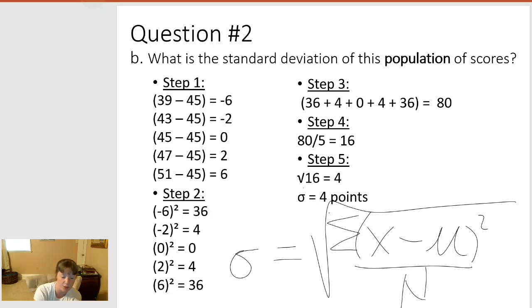First, I'm going to take all the scores and subtract the average that I just calculated. Then I'm going to square all those deviation scores. Then I'm going to add them up to get the sum of squares. And then I'm going to divide by n. Why n? Because I told you this is a population, right? And then as a last step, I'm going to take the square root.